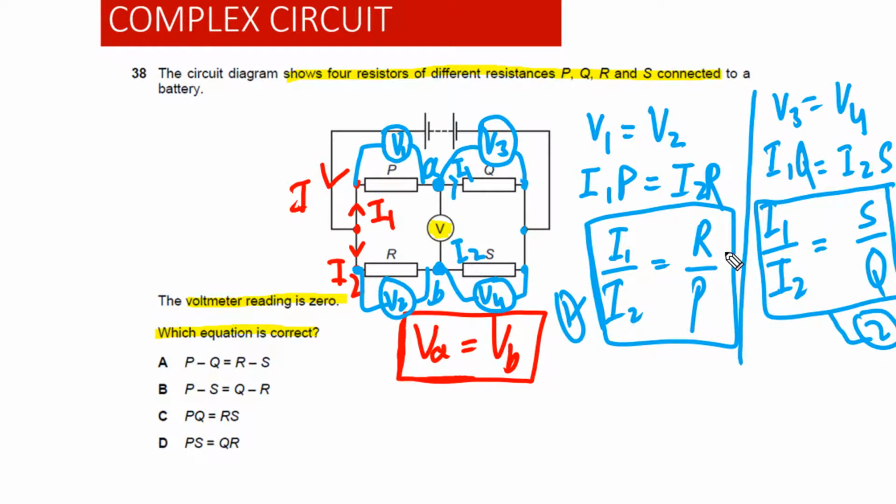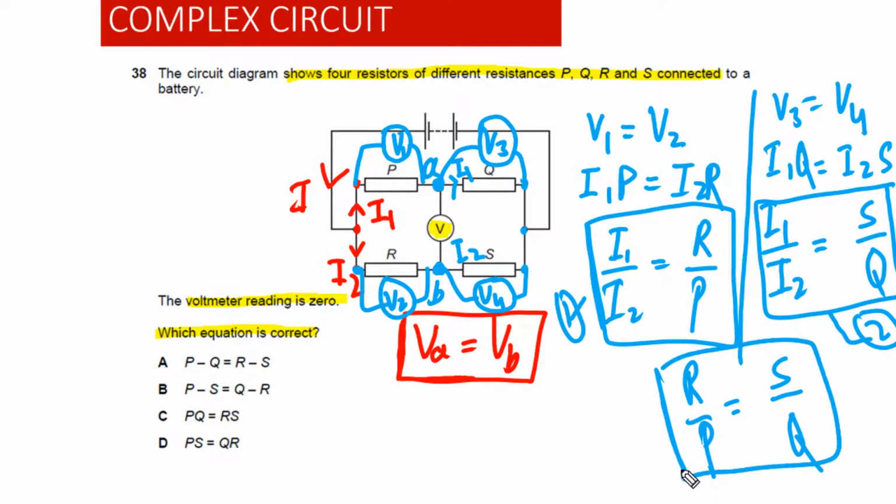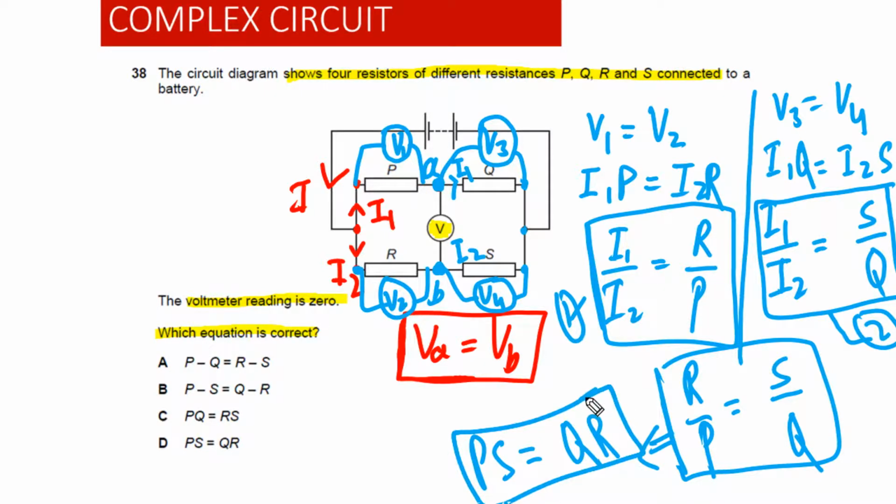As I1 over I2 is equal to R over P and I1 over I2 is equal to S over Q, we can say that R over P is equal to S over Q. Now from here, if we simplify this, we get PS will be equal to Q times R. So this is our final answer. This is what the question was asking us. So our answer for this question is D. So this is how we can find it out.